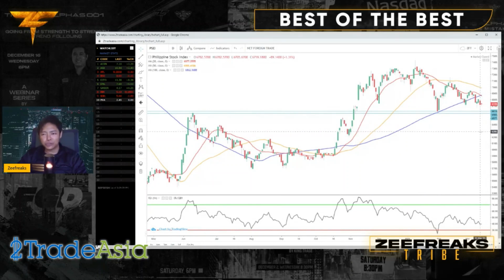It could be a short bear cycle. It could be a longer bear cycle. But basically, we are on a sideways movement to a bear movement or trend. I would personally be a buyer if this level breaks out from here. Itong 7,093 or 7,100 levels. Then I would be buying here at these levels, especially if it breaks out or closes above this level.